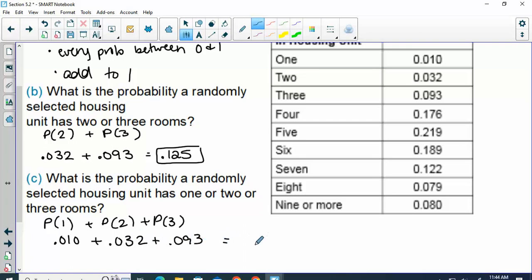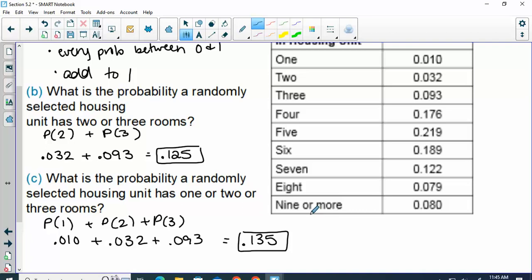And we get... Are we okay with those? But this requires that our events be disjoint.